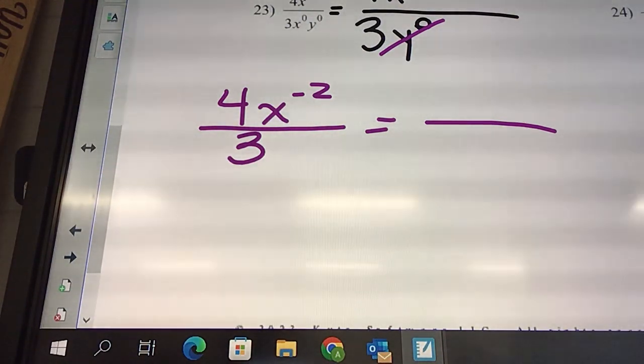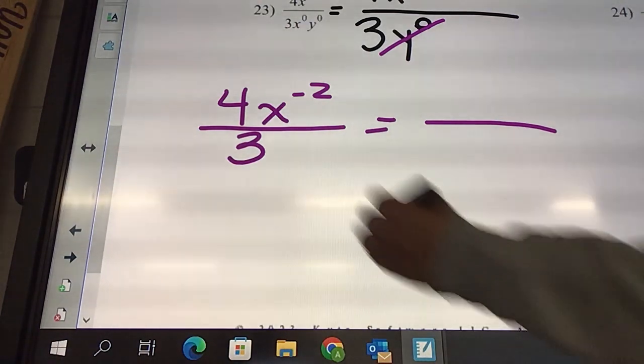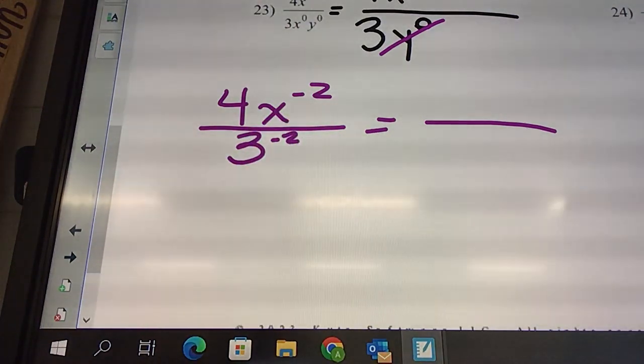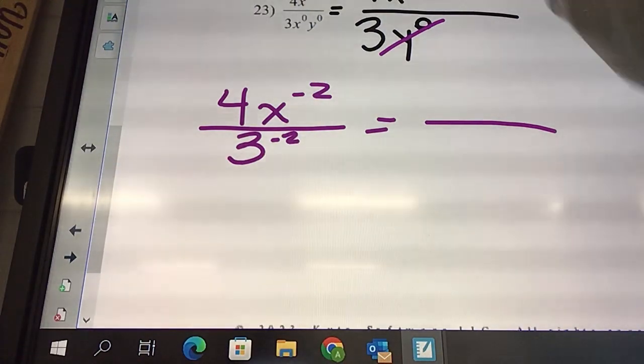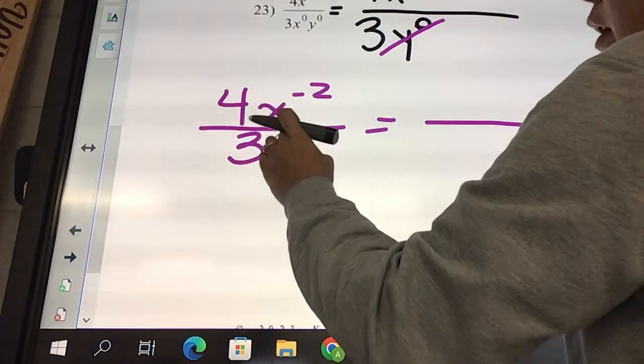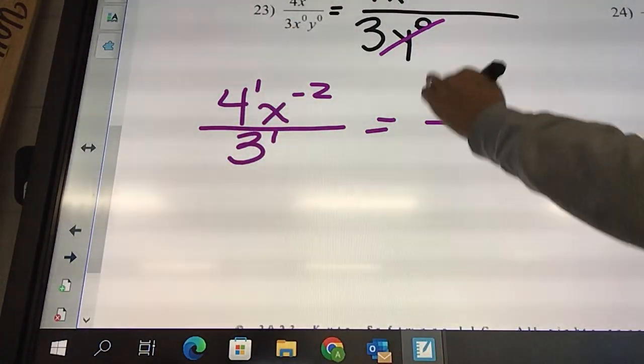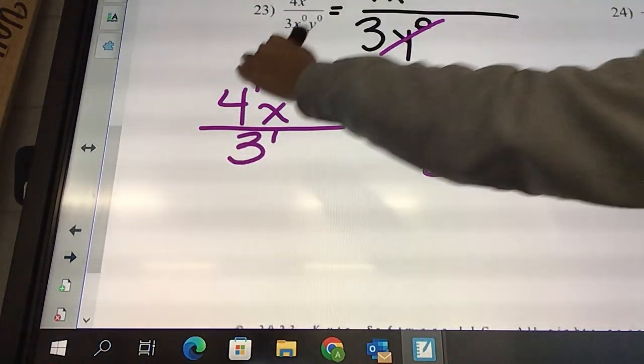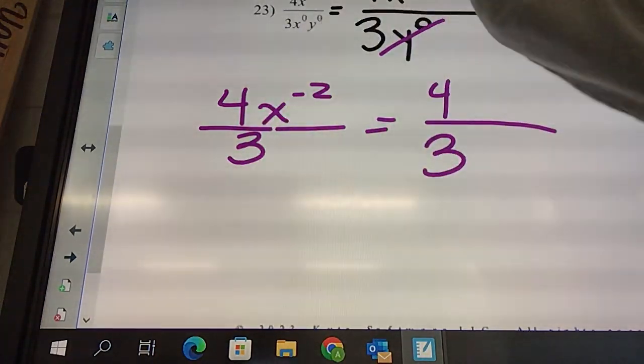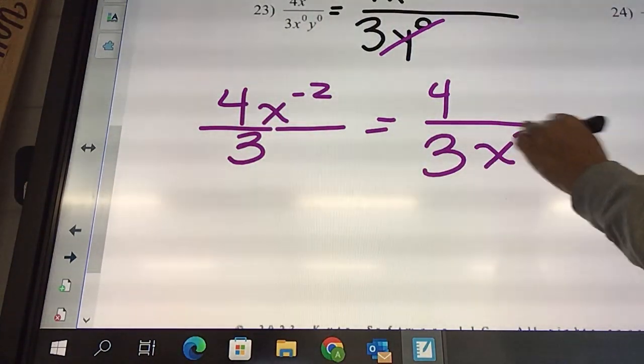And remember, we don't move the big numbers unless it looks like this. It has a power of negative 2, then you would need to move that, okay? But they don't have a power, so you're not going to move them. They do have a power, it's a 1, okay? But so you can put a 1 here and a 1 here, but our 4 and our 3 are going to stay in the same spot. What about the x to the negative 2? It's going to move to the bottom and become a positive.